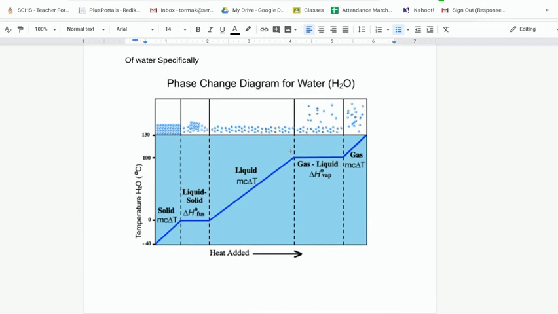So when you start at the solid state of water, it is very cold. It is below freezing, which is 0 degrees Celsius, and it takes the shape of a solid. It is ice. Then you could leave ice out in your house, or you can leave it outside. It starts to get warmer.